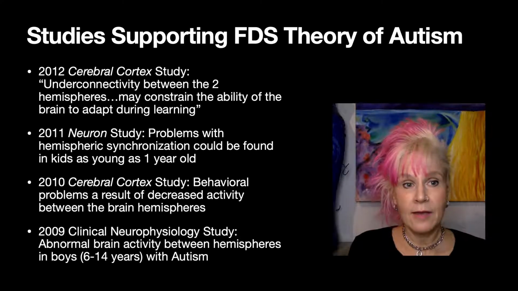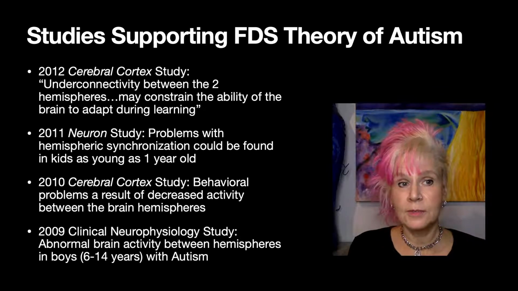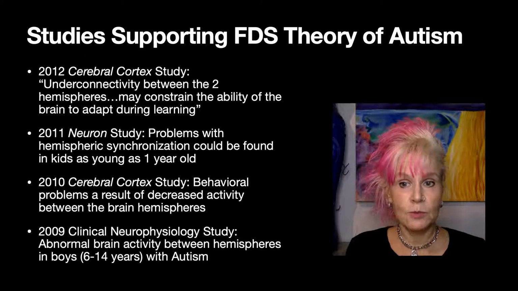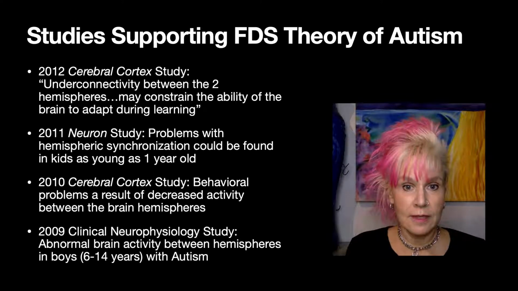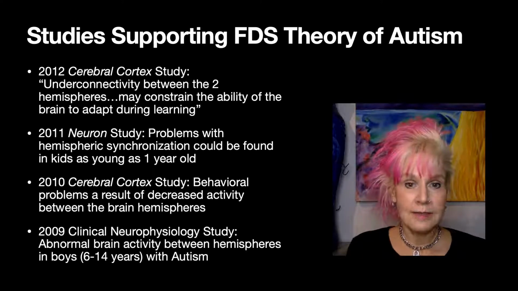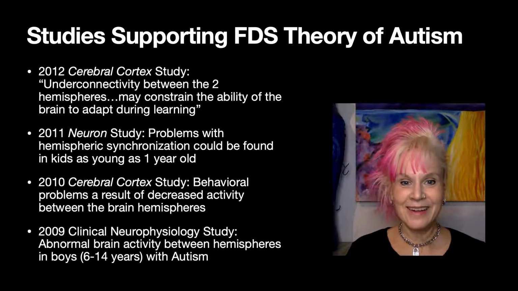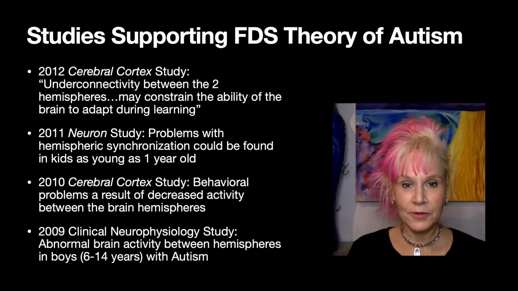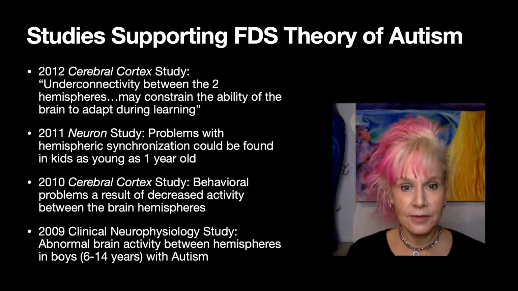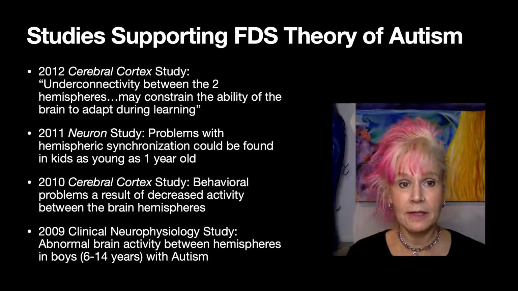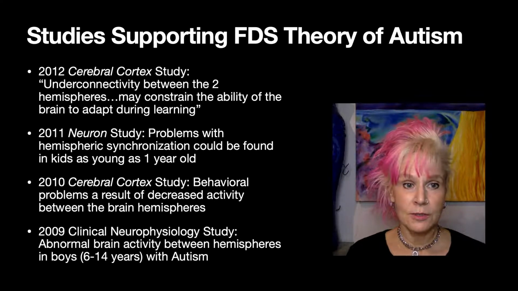And so they found this underconnectivity between the two hemispheres, and then concluded that this underconnectivity may constrain the ability of the brain to rapidly adapt during learning. And this is part of what our brain does. It takes in the information, it pings around in there, and then it goes, okay, we need to do this, that, or the other thing because this is what's going on in the environment. And if that's not happening, that is a huge issue.